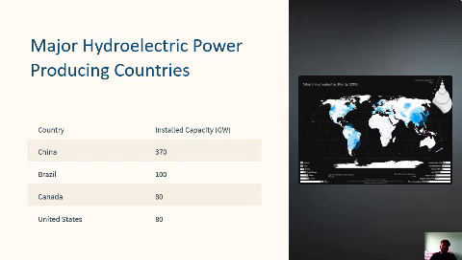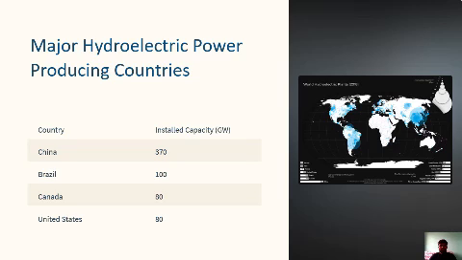Let us see the major hydroelectric power producing countries. China produces the most hydroelectric power, the second is Brazil, the third is Canada, and the fourth is the United States.